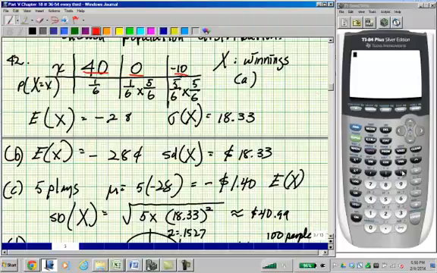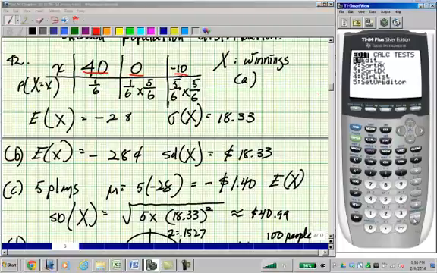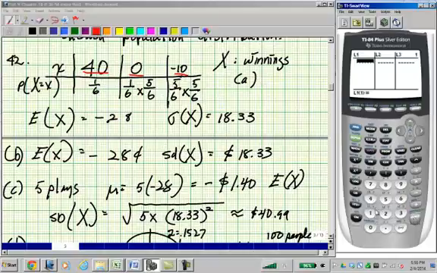So let's review how to put this into the calculator. You put 40, and then 0, and then -10. These are the 3 discrete outcomes.